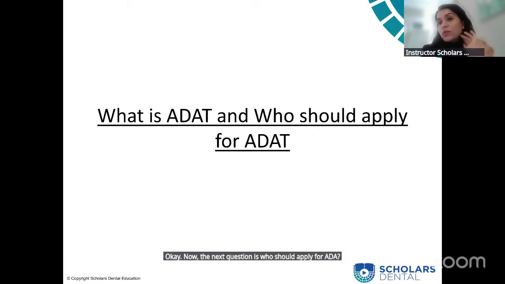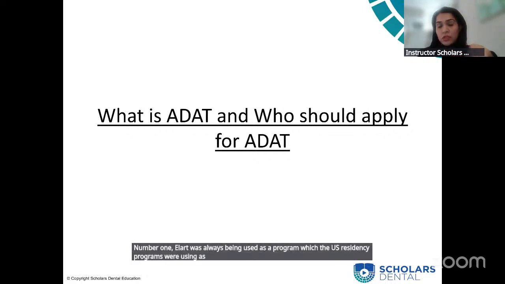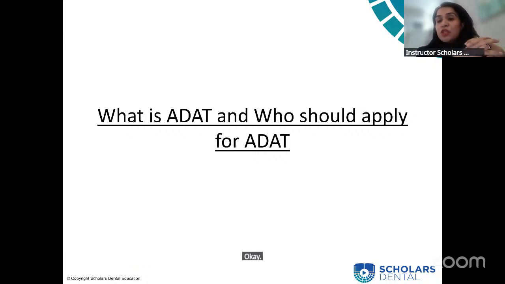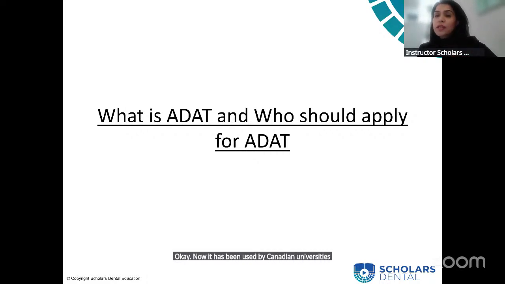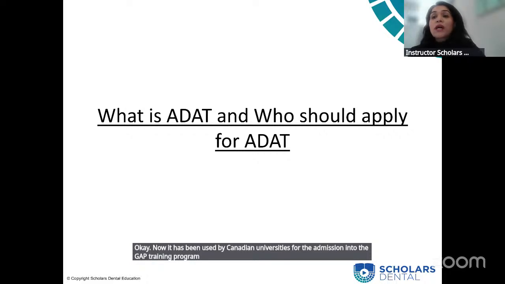Now, the next question is, who should apply for ADAT? Number one, the US residency programs have always used it as their initial test for admission. Now, it has also been used by Canadian universities for admission into the gap training programs, these advanced training or advanced placement programs.